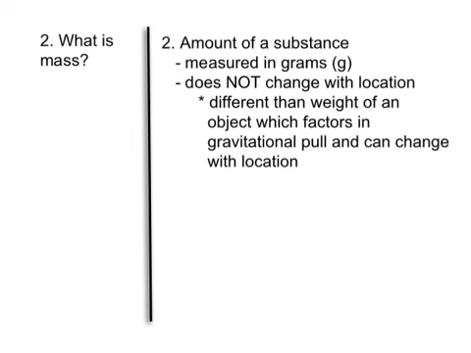The best example is if you went to the moon. Perhaps you weighed 120 pounds here on Earth, and you went to the moon. On the moon, you would weigh 20 pounds, because the pull of gravity is 1/6 of that on the Earth.